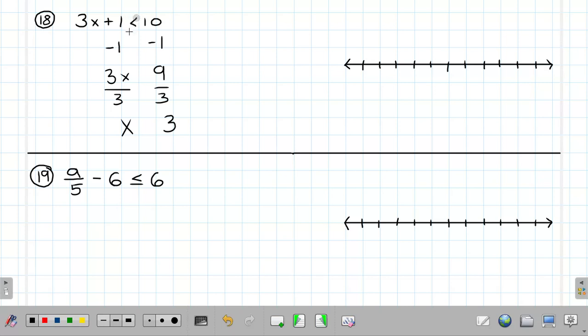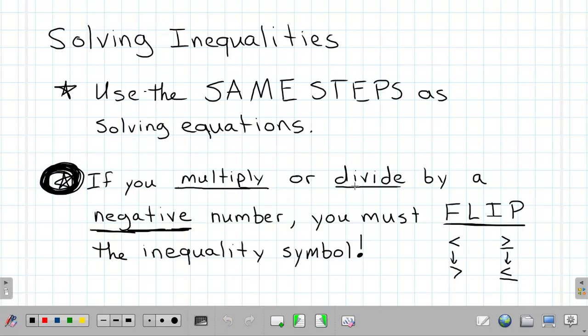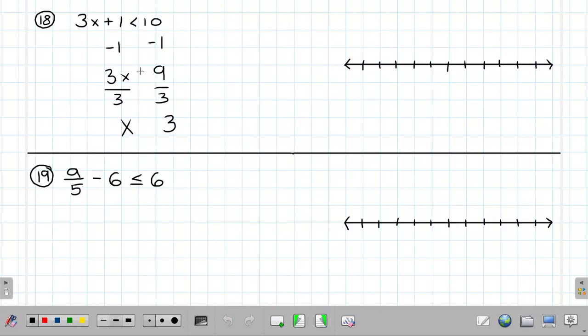But then we think, well, from here we subtracted 1. Is that multiplying or dividing by a negative number? No, it's not. So since we didn't multiply or divide by a negative number, in the next step we're still going to have the same symbol. So it's going to be 3x is less than 9. Then we do this one more time. 3x is less than 9, and we had to divide by 3.